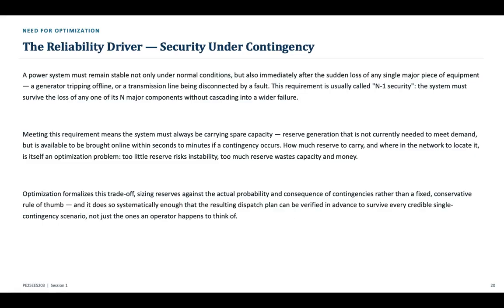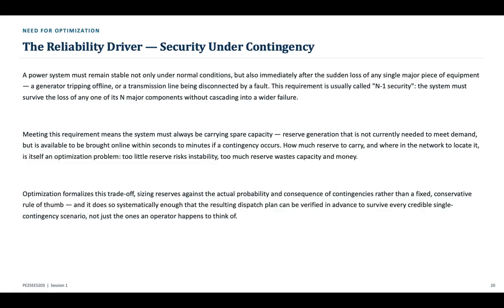So a power system must remain stable not only under normal conditions but also immediately after the sudden loss of any single major piece of equipment, like a generator tripping offline or a transmission line being disconnected by a fault. This requirement is usually called N-1 security. The system must survive the loss of any one of its N major components without cascading into wider failures.